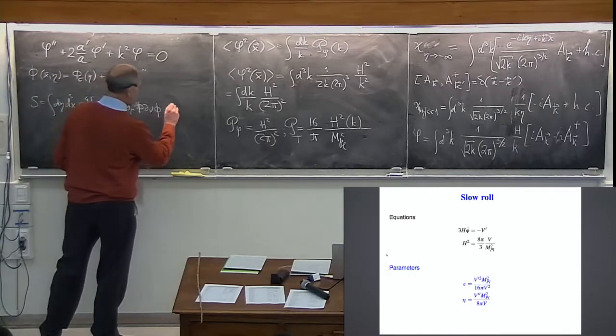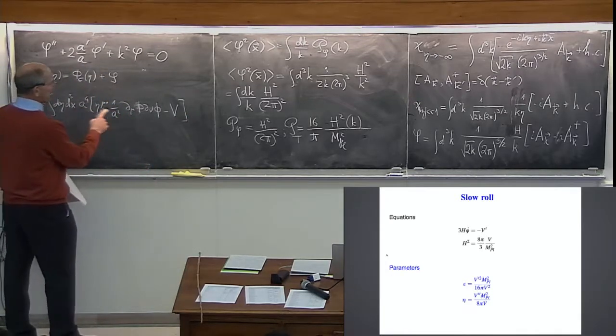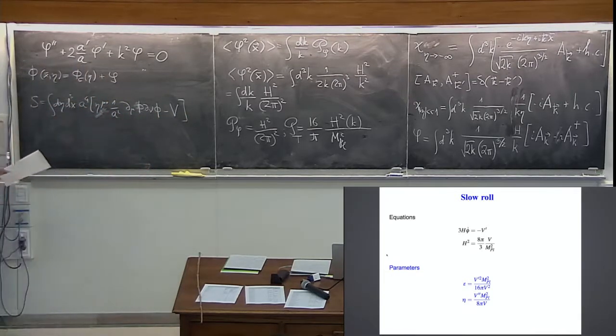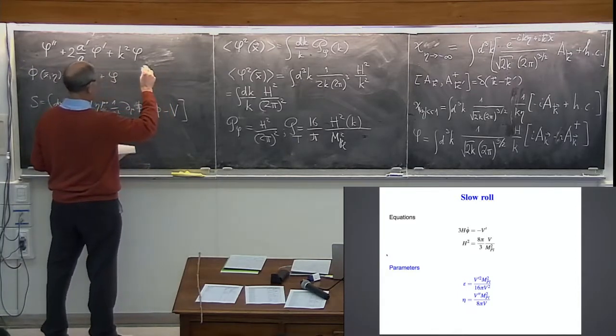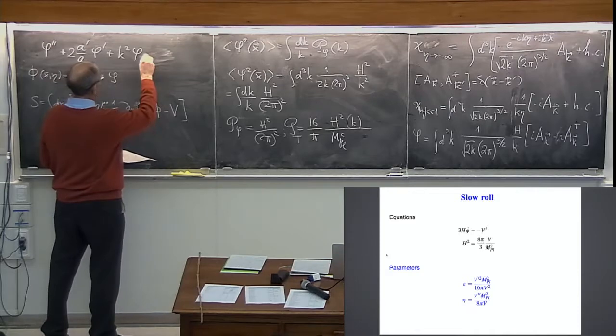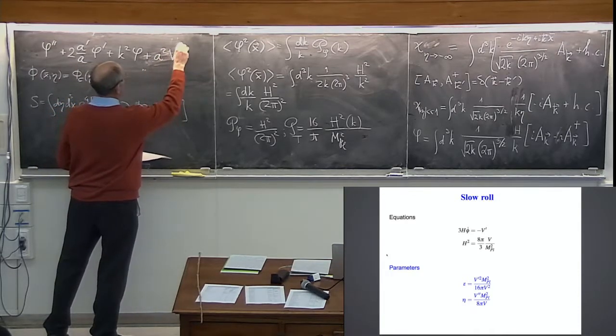And then I have minus V. So V has an extra factor of a squared. So my equation for the inflaton will be, let's see, plus a squared V prime.